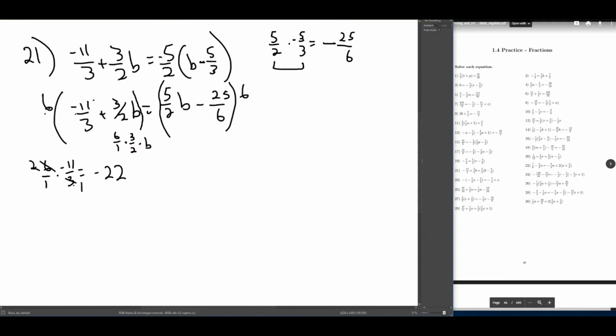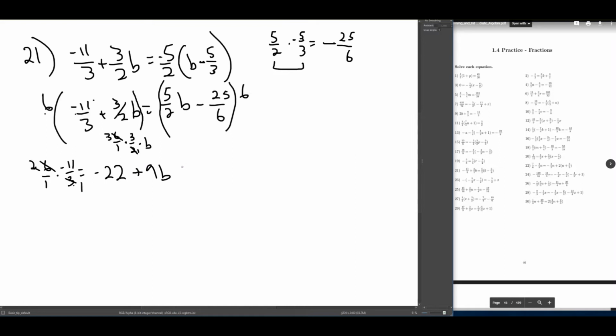Let's do that right here. 6 over 1 times 3 over 2 times b. Now, if I cross divide, 6 divided by 2 equals 3. 3 over 1 times 3 over 1 equals 9 times b.